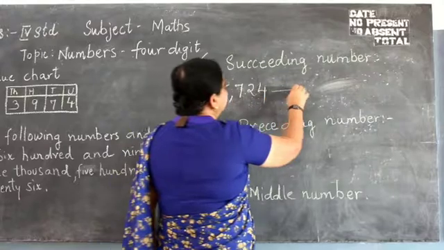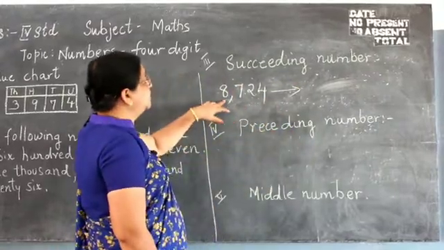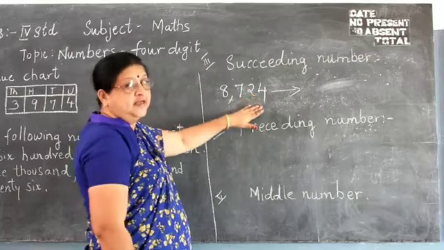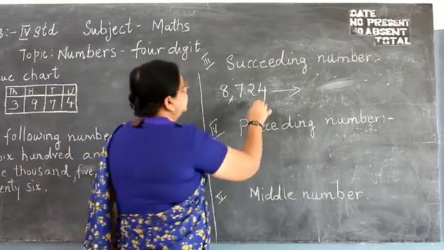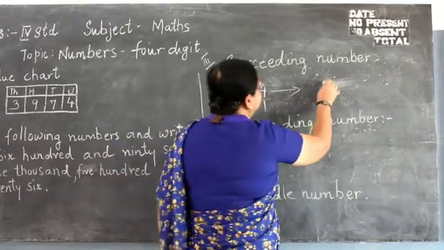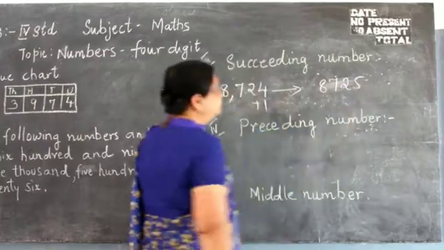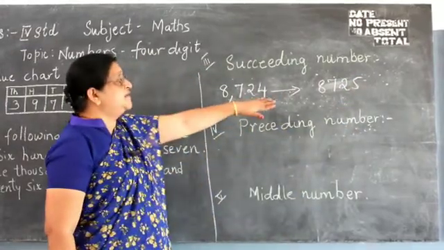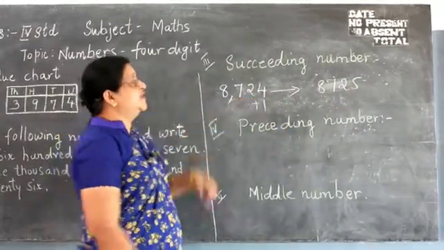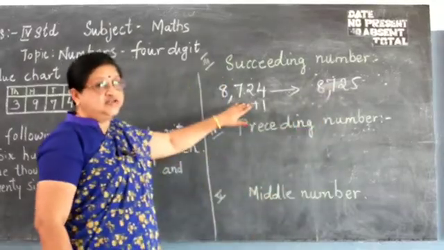Now you will keep thinking, ma'am, what will come, 8,007? It's simple. If you find it difficult, you just add plus 1. You will get 8,725. So your succeeding number is 8,725.